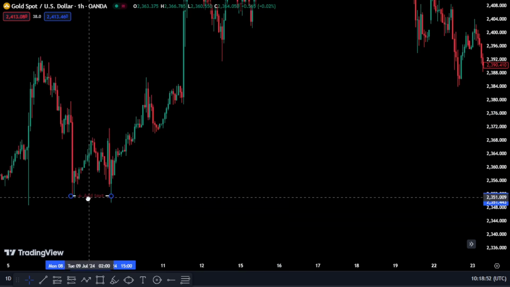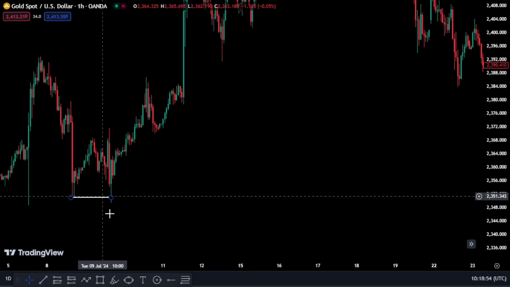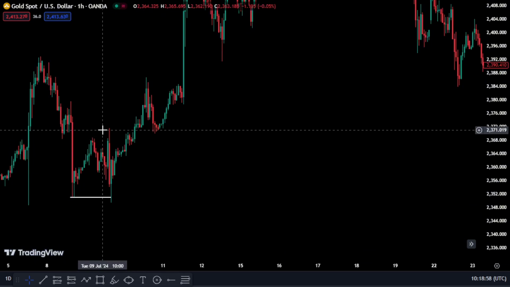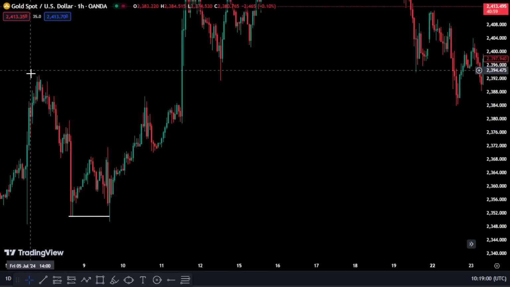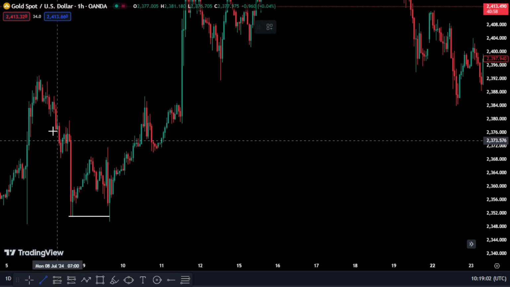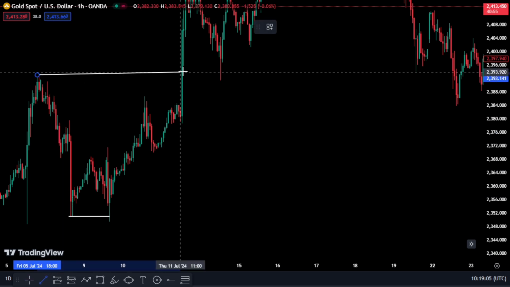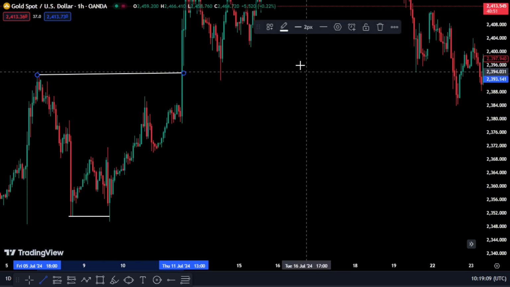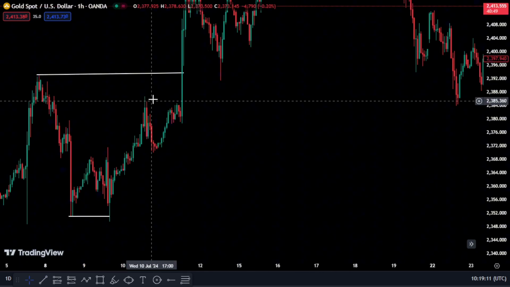With the first method which I taught you guys, that sweep of liquidity led to a break of this minor structure, but we are going to consider the break of this high structure here. That becomes our break of structure.